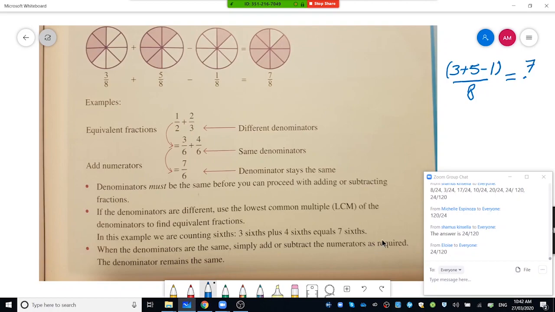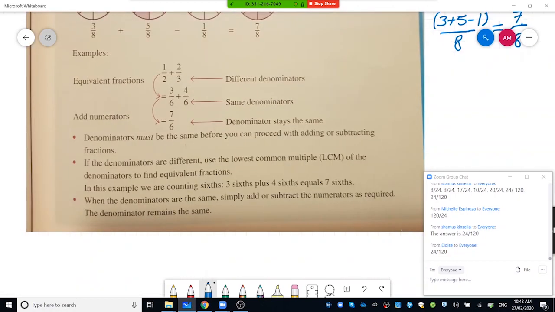So this becomes 7 over 8. That's the answer. So if you have some fractions which do not have a common denominator, you will have to change them in a form that they have a common denominator.